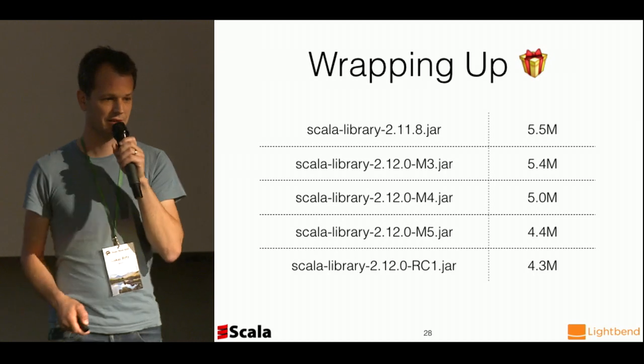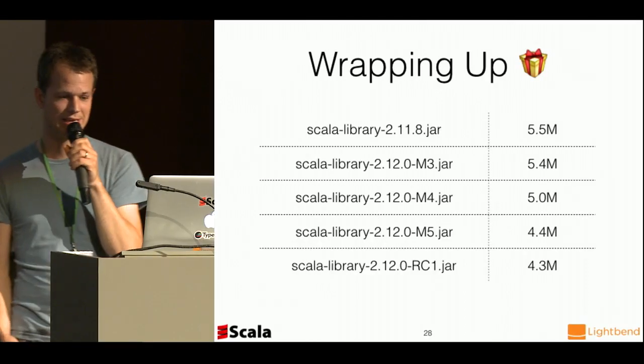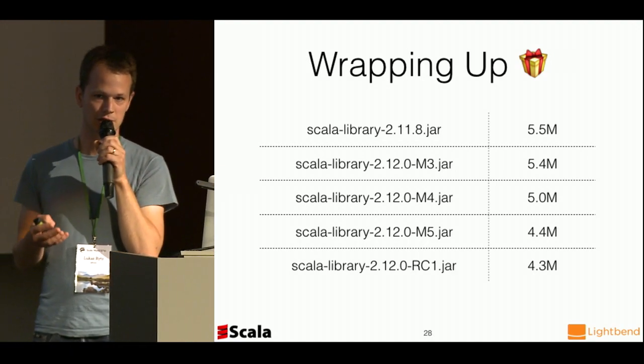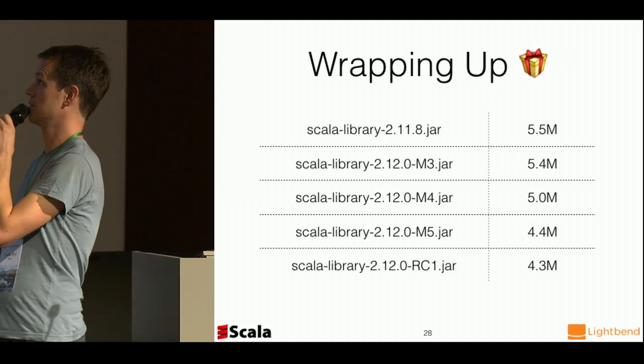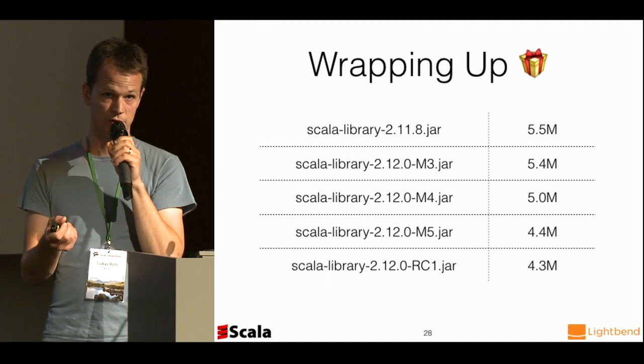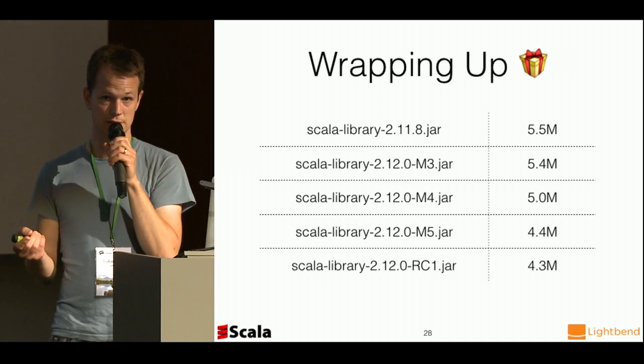Maybe a small slide to wrap up. So all these changes have a very nice impact on the resulting jar files: we can save quite some space. I cannot tell you exactly which feature was added when in this timeline, I don't remember the details, but basically the main reasons that the jar files are getting smaller in 2.12 are the lack of anonymous function classes and the lack of trait implementation classes.